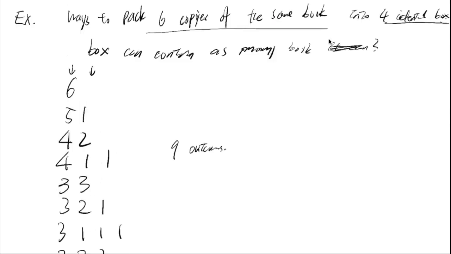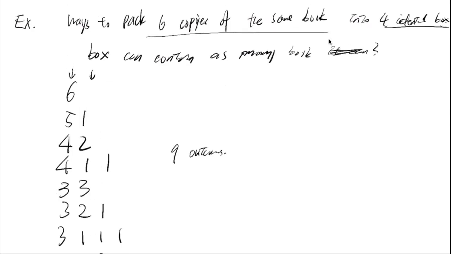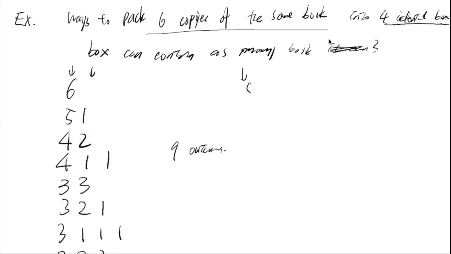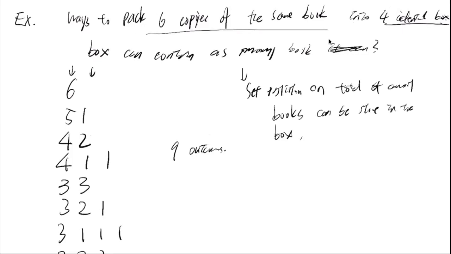And I guess the only variation we can make is that we can set a restriction on the total amount of books that can be stored in the box, or the minimum number of books.